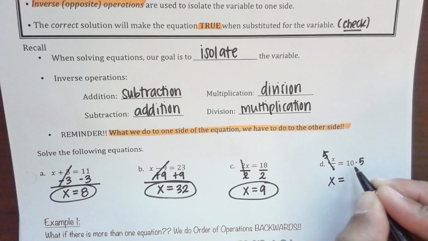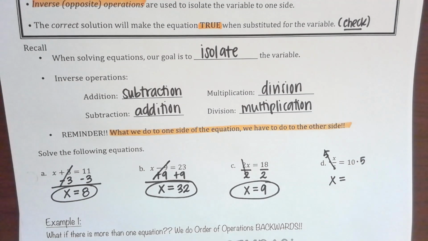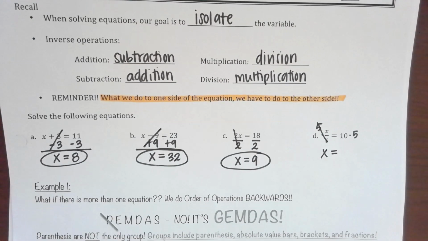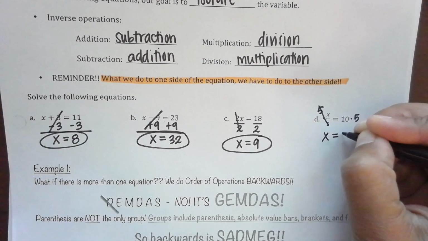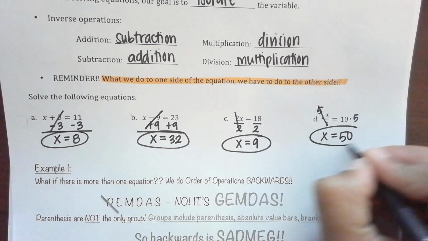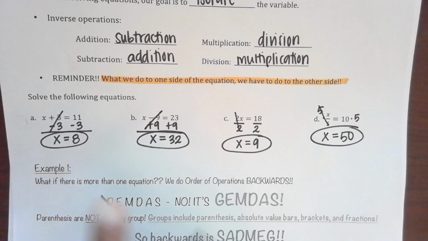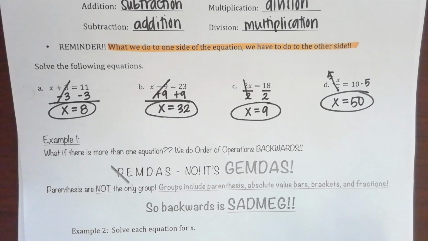Type in 10 times 5. What'd y'all get? 50. Any questions on these 4 examples? Everybody good? That's just the recall from yesterday.